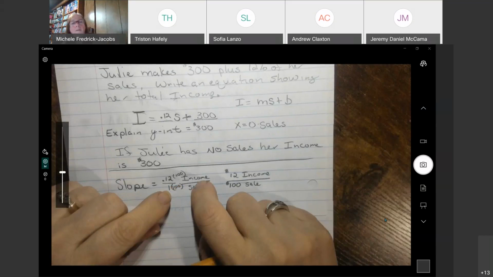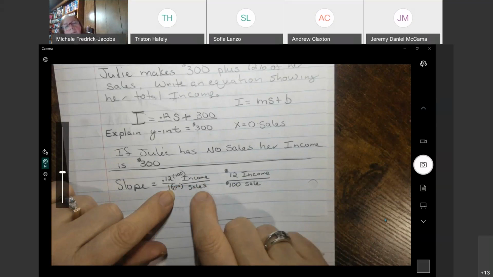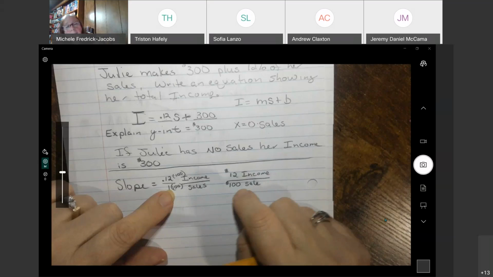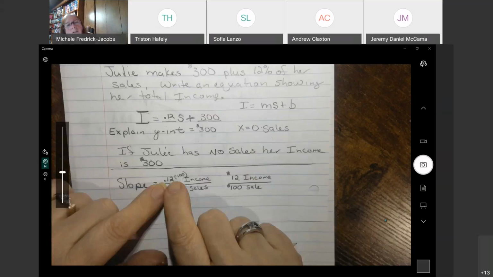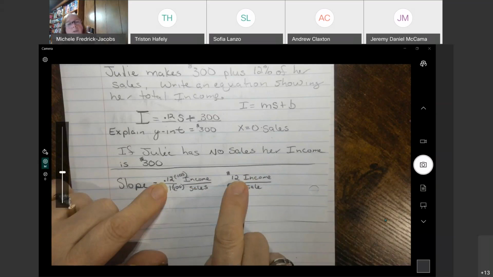So if numbers seem too small and you'd rather make them larger to explain them, because this was 12 cents, we could multiply by 100 to make it dollars.